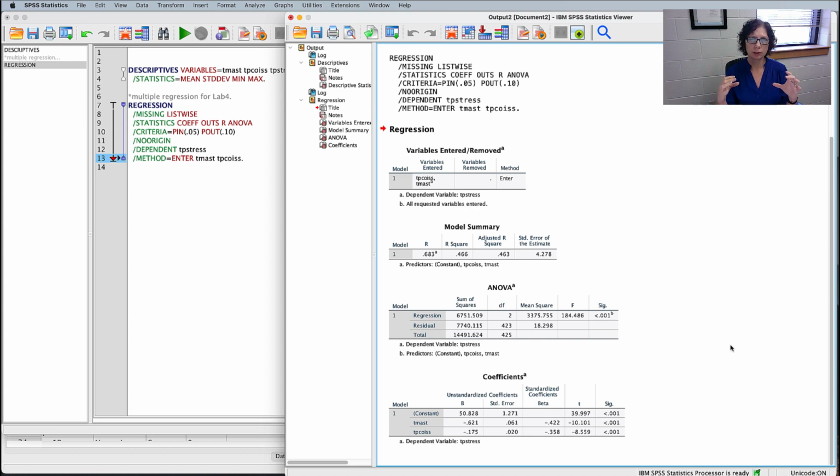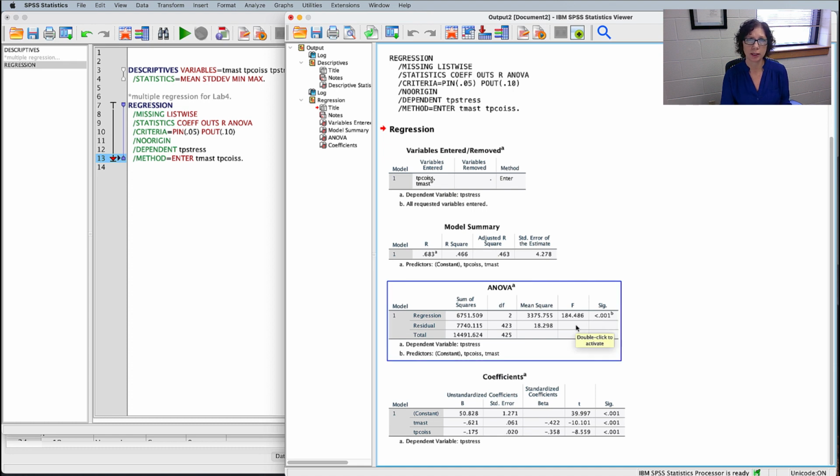And then you go into the details on what is the contribution from each of these predictors in the regression coefficient. So we can see the model is significant. In other words, this regression model significantly predicts variation in total perceived stress.